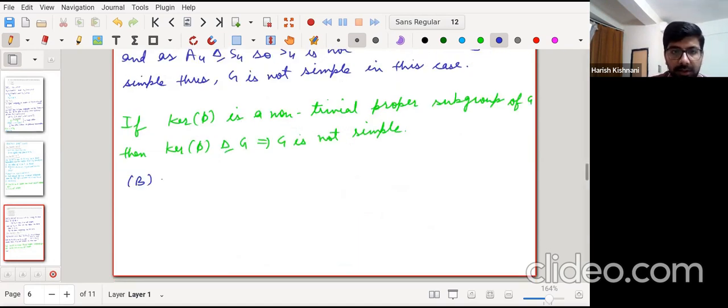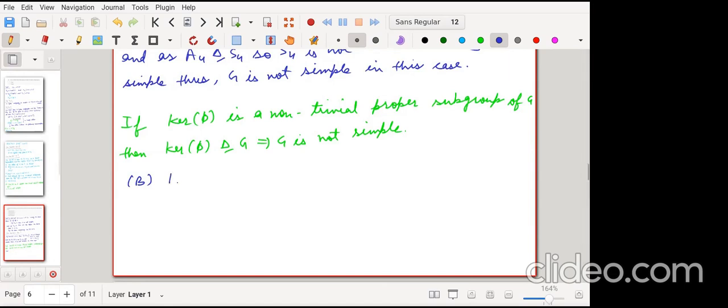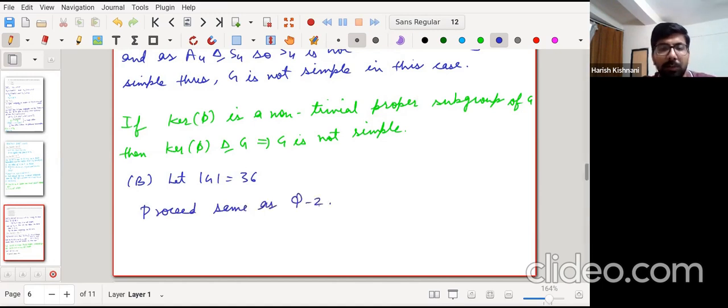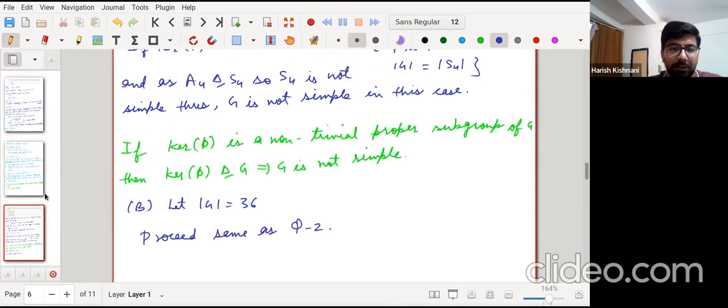Okay, let order of G be 36. I'm not repeating the same arguments again. I'm just writing: proceed same as question number 2, in both the cases. Why am I saying this?